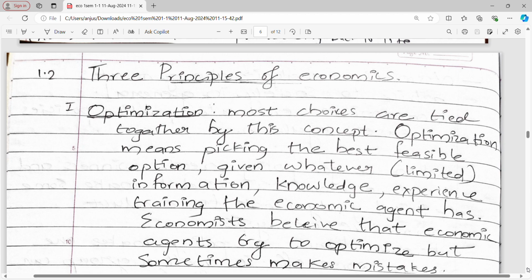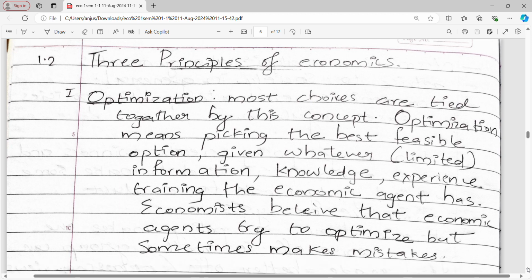Economists believe that economic agents try to optimize, that is, try to take their best option, but sometimes they make mistakes. Humans make mistakes, that's it. That is optimization. People make choices that are motivated by calculations of benefits and cost.